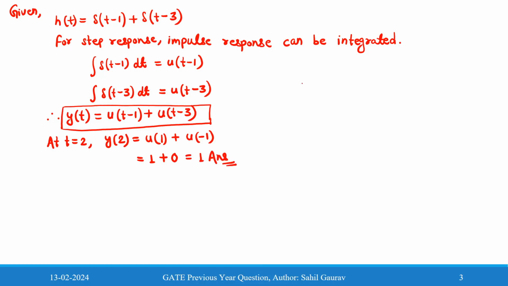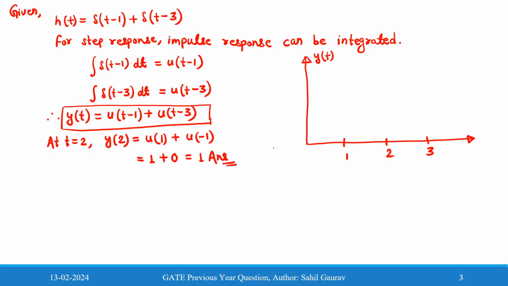Now let us discuss some other way. If you got this function, the unit step response, then you can also make the waveform of y(t). So let us divide it as 1, 2 and 3. This y(t) is u(t minus 1) plus u(t minus 3).